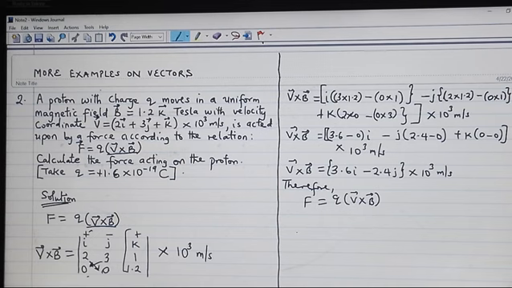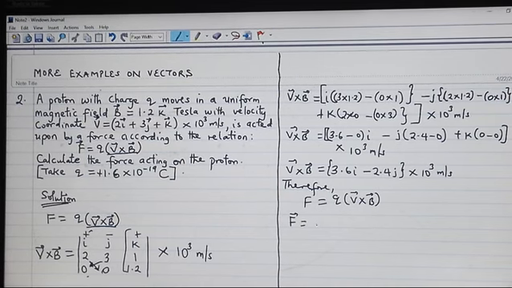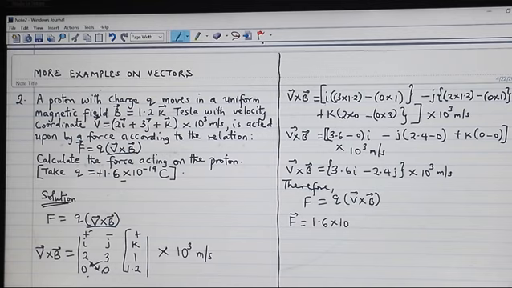So our F will be equal to Q, which is 1.6 times 10 to the power of minus 19, into V cross B, which is (3.6i minus 2.4j) times 10 raised to the power 3 meter per second.